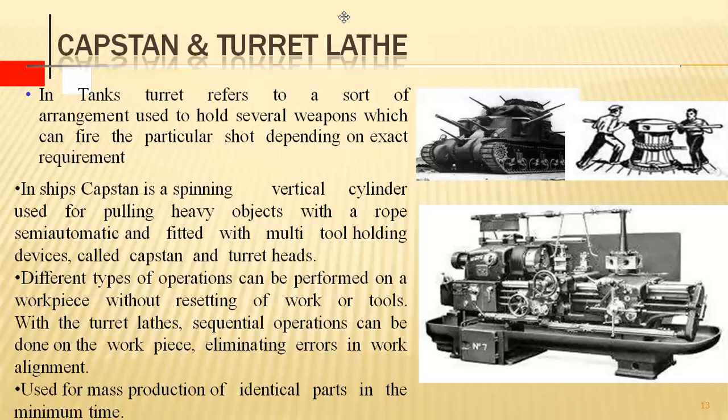In the heaviest ranges, such as in ships, a capstan is a spinning vertical cylinder that's used for pulling the heaviest objects with a rope that is fitted with multi-tooling devices.